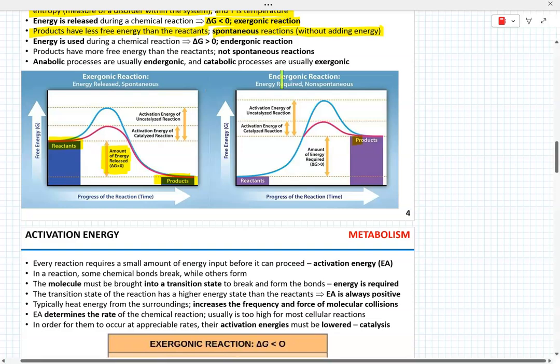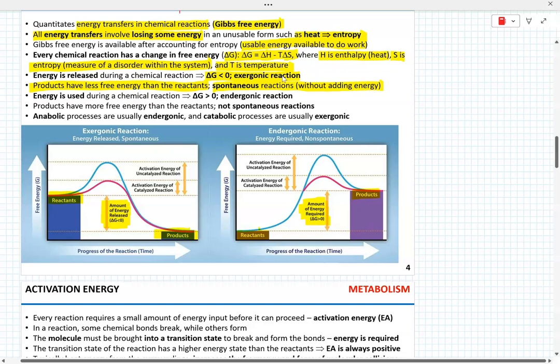If Gibbs free energy of products is greater than the Gibbs free energy of reactants, then the change of Gibbs free energy is positive, which means energy has to be invested into the reaction. In other words, if energy is used during a chemical reaction, the change of Gibbs free energy is positive, and we call such reaction endergonic.